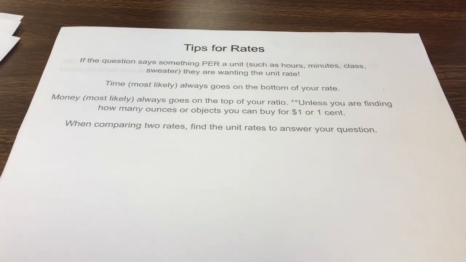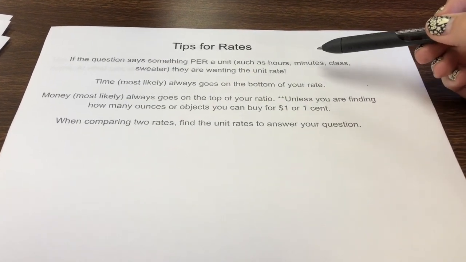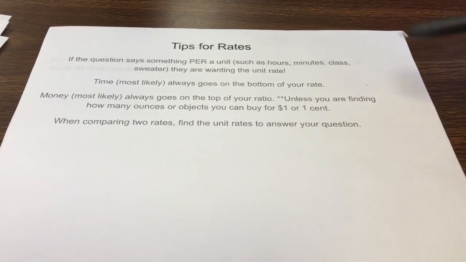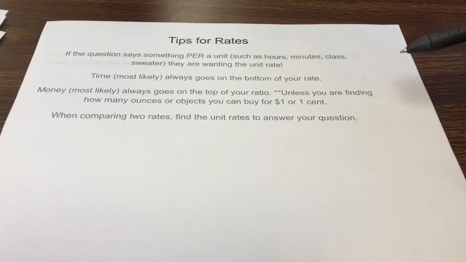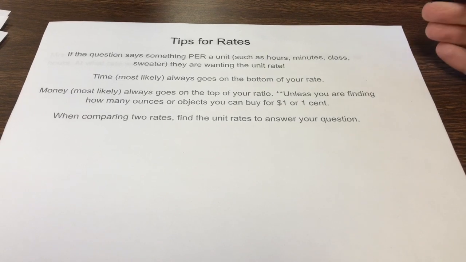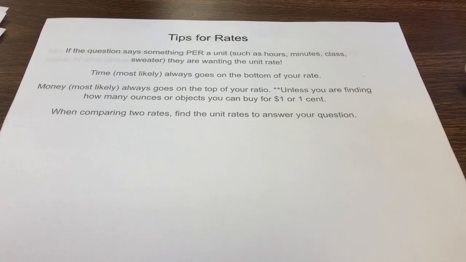Some tips for rates. If the question says something per a unit rate, such as hours, minutes, class, sweater, they are wanting the unit rate, just as I said on that previous sheet. Another thing that I tell my students, time most likely always goes on the bottom of your rate. Just like miles per hour, money most likely always goes on the top of the ratio.